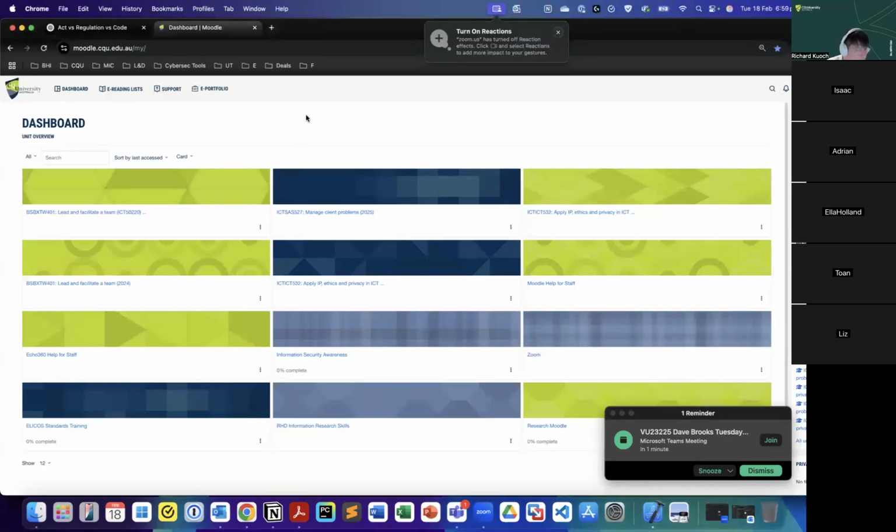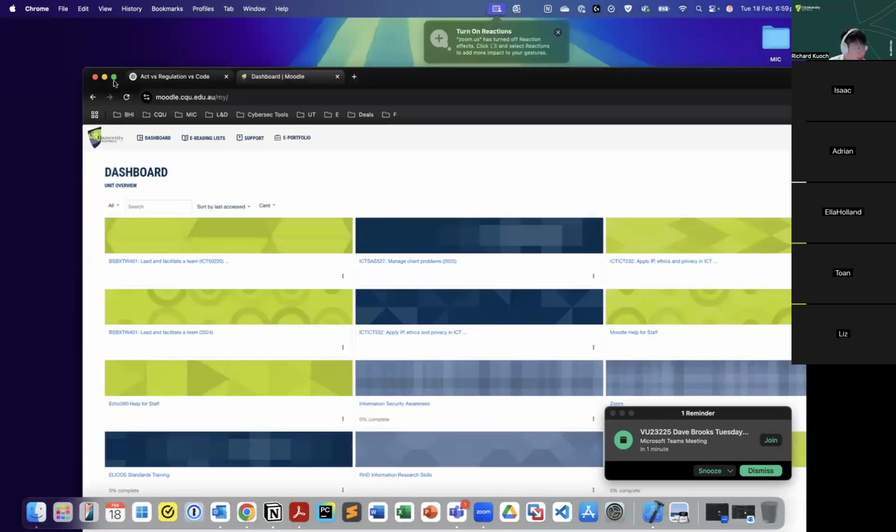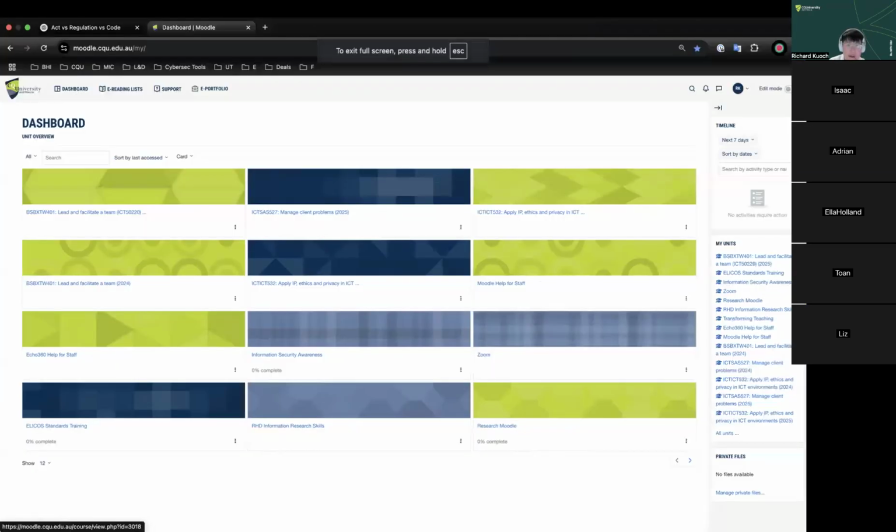Is that visible? Not yet. Okay, there we go. Yes, okay, awesome. I don't know if it's a Mac issue. There's always a delay before it shows. But anyway, I'll show you.